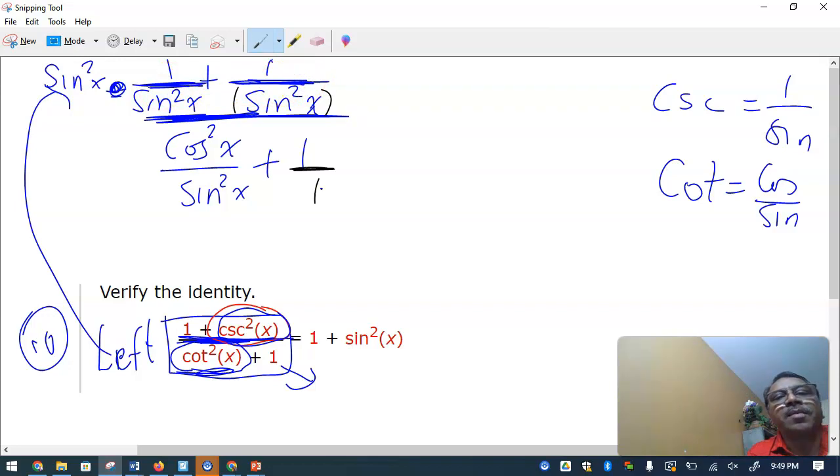In this example, there's a 1 here, and here there is a sine square, so we can multiply here by sine square of x over sine square of x.